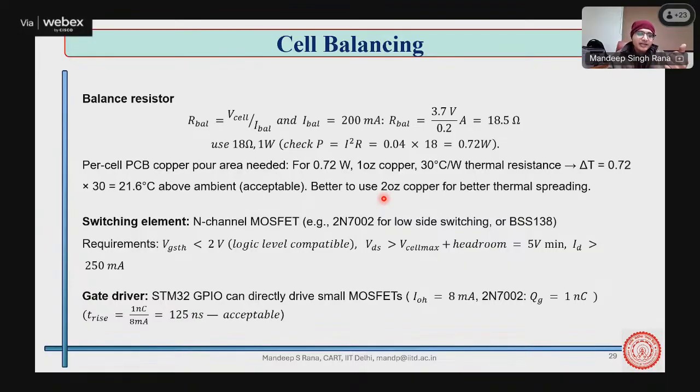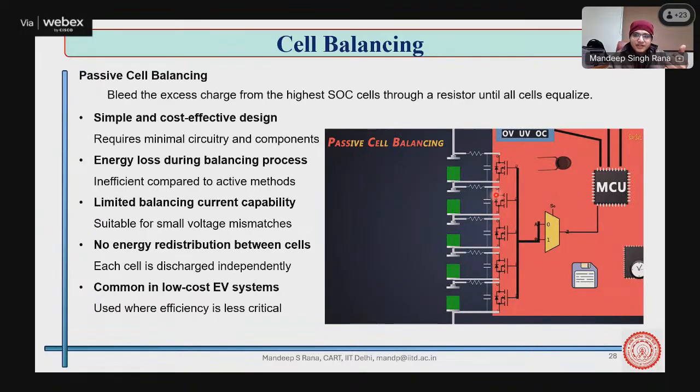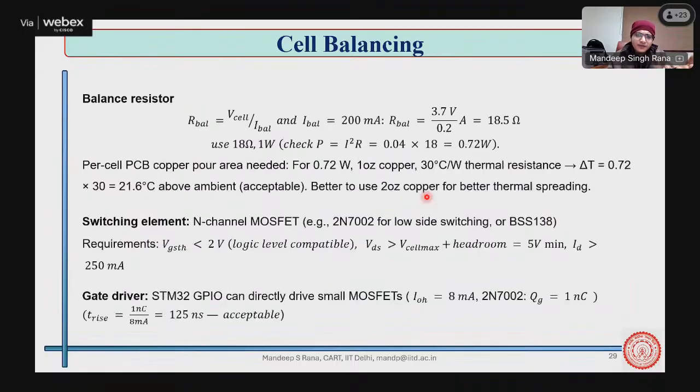Now there is a switching element, which is this MOSFET sitting here. If it is a dedicated AFE IC, it may have these switches within the IC itself. But when we are making our own system, we need to connect some MOSFETs there.